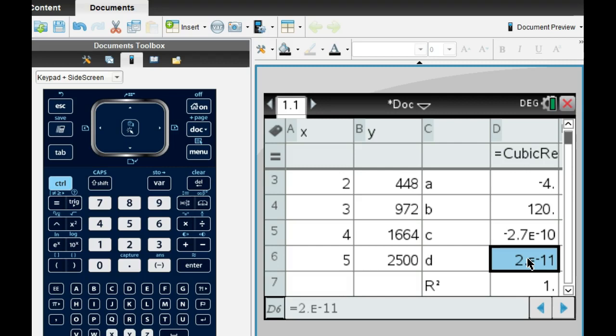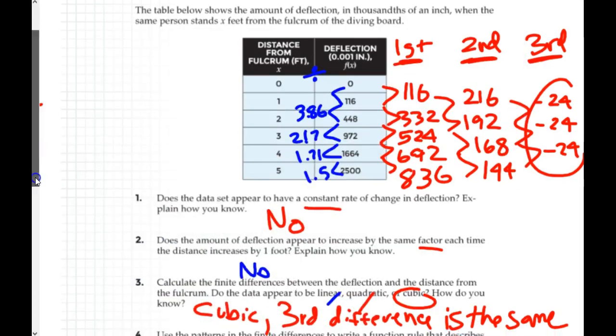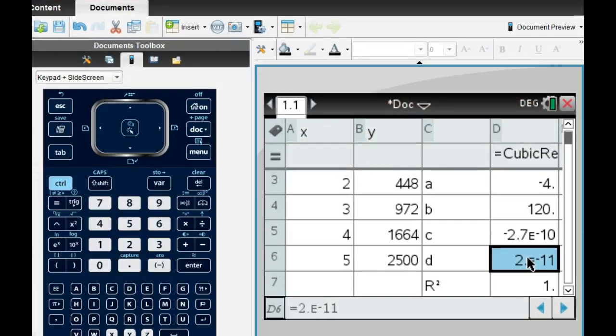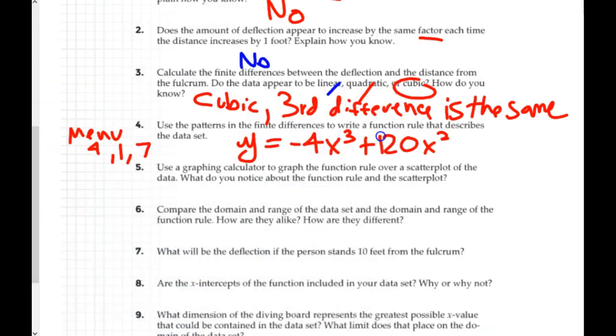For some reason, the calculator doesn't put 0 when it should. So, -4 and 120. That gives the equation -4x cubed plus 120x squared. It would be plus 0x plus 0, but you're not going to write that.